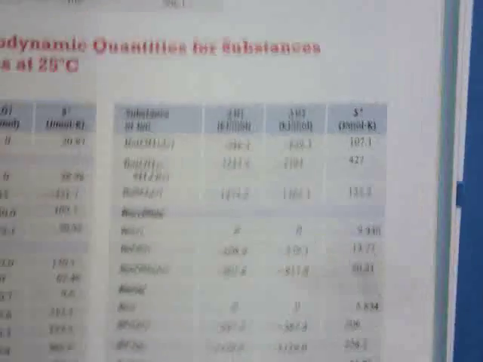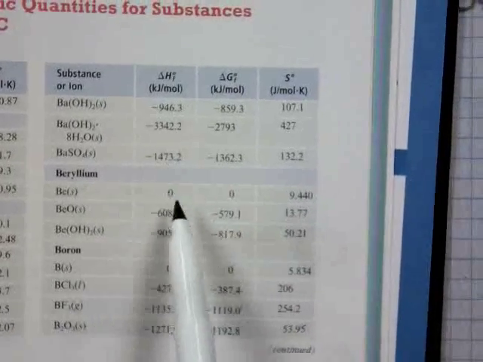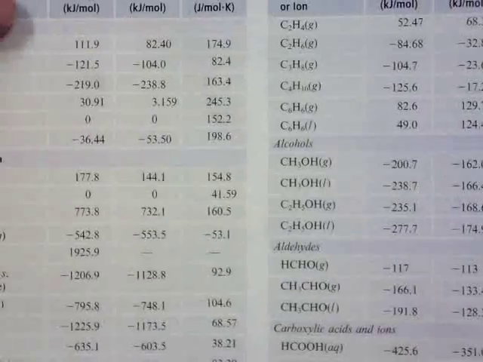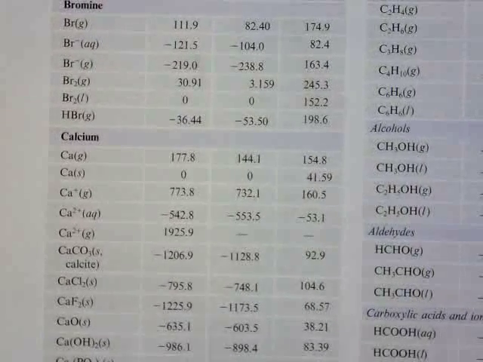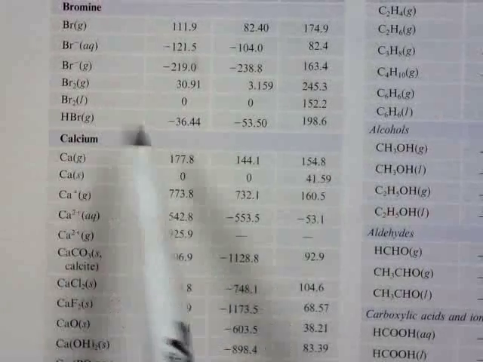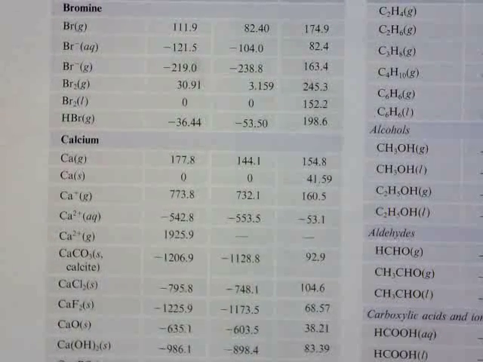And you can go on, and there's some others. You can see beryllium and boron, and we go on to many others in here that are listed. And you see here for one of them is bromine. Okay, now bromine has many forms. You see what we're talking about here, I'm sure.